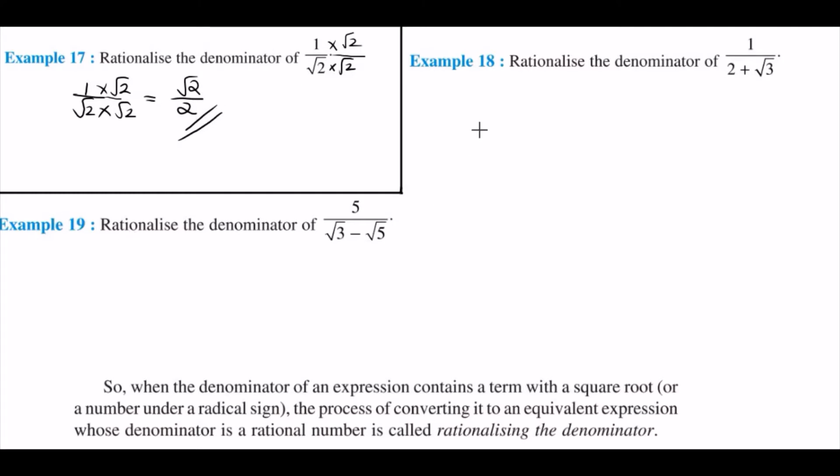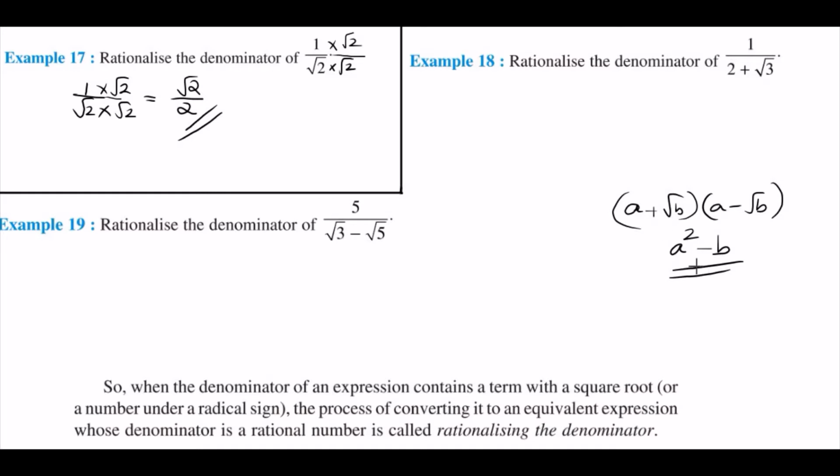Now let's take another example. That is rationalize the denominator of 1 by 2 plus root 3. So if you want to rationalize the denominator here, you know the identity, that is a plus root b into a minus root b is a square minus b.